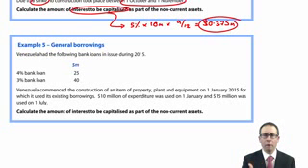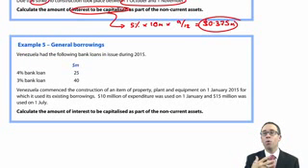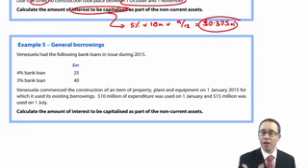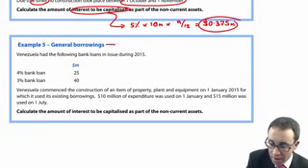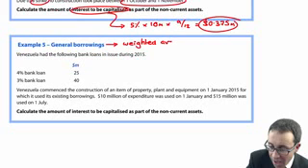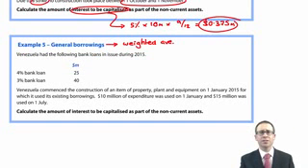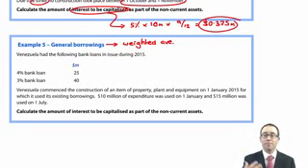There is no specific borrowing, so you have general borrowings. The issue is what rate of interest do you apply to the borrowings you have taken out. If you have general borrowings, you just look at a weighted average rate of interest, weighted based upon the value of the loan.